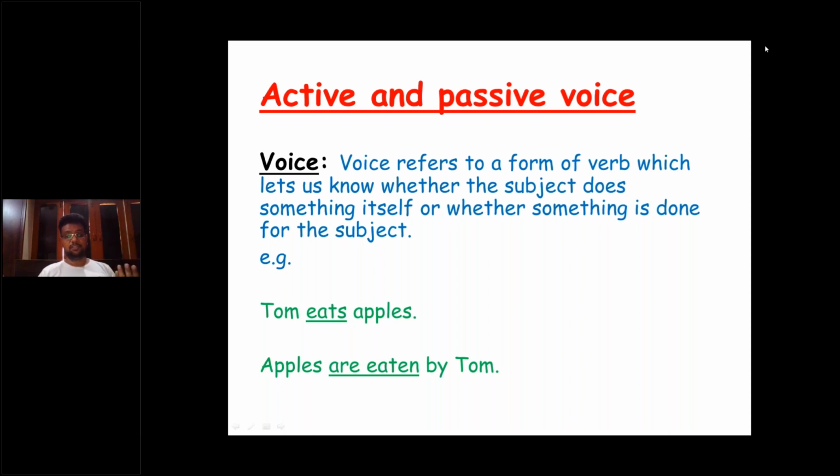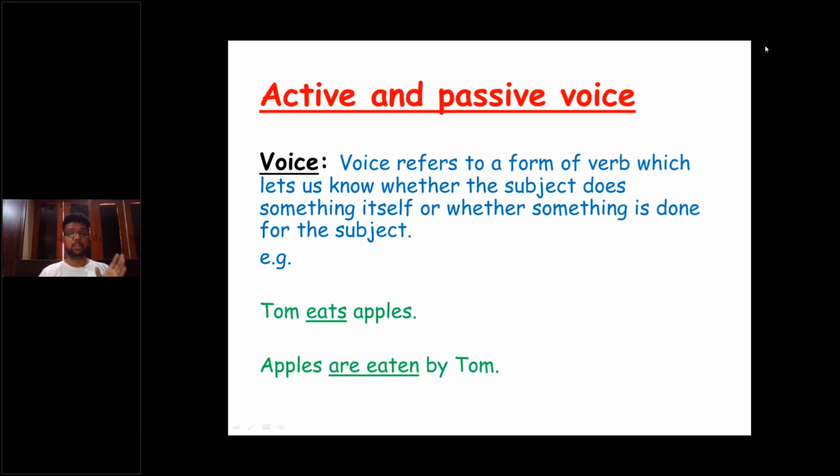Similarly, let us transform this active form into the passive form. Let us transform Tom eats apples, which is in its active form, into its passive form. Now, in the passive form, something is being done for the subject. Now let's see. Apples are eaten by Tom.